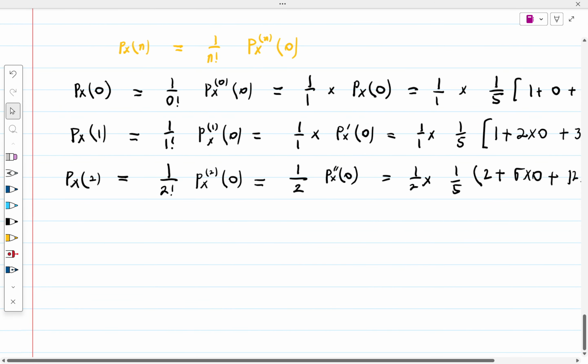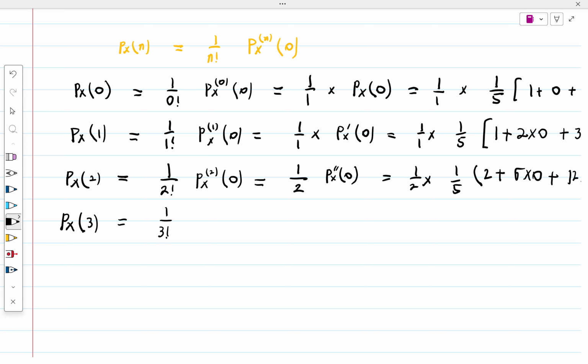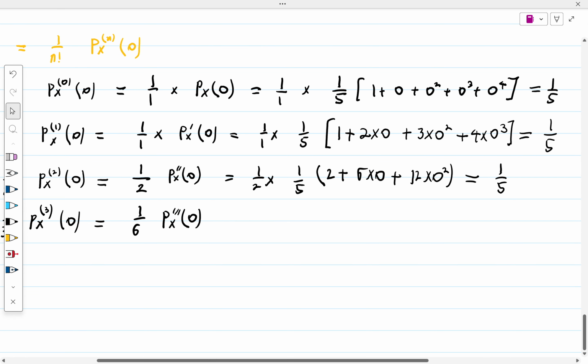We're going to do the same for 3. P_X(3), or the probability X equals 3, is 1 on 3 factorial times the third derivative. Now, 3 factorial is equal to 3 times 2 times 1, which is 6, so 1 on 6. The third derivative I'm going to rewrite as triple prime evaluated at 0. That becomes 1 on 6 times 1 on 5.